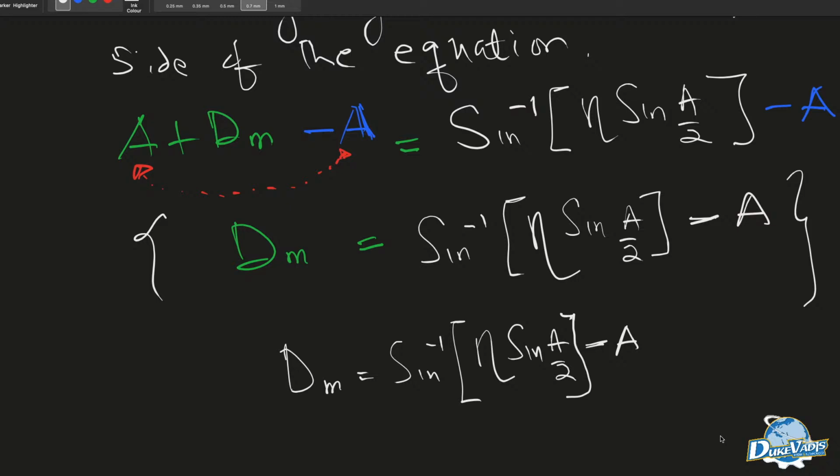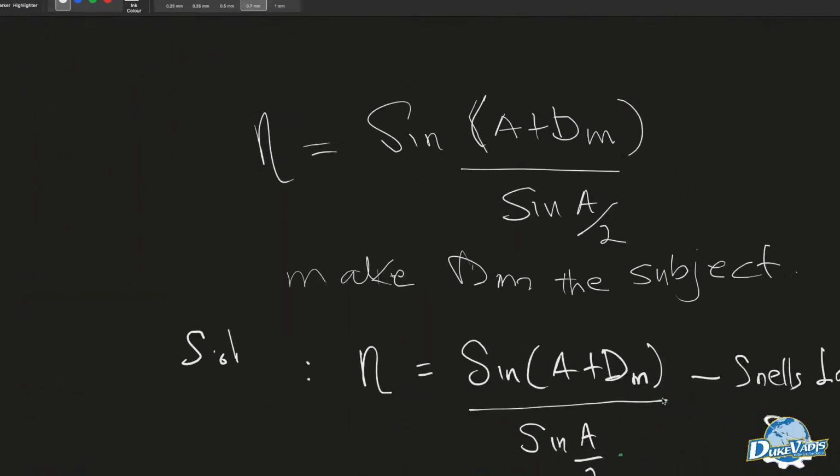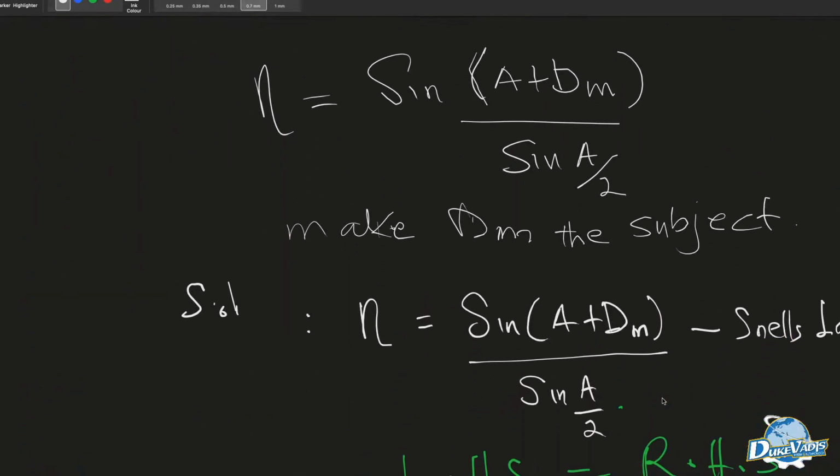Now let's go up there and see how we can break it down. First and foremost, as I told you, don't look at how the equation looks complicated. That is not our cup of tea. Our cup of tea is to understand the principle behind how to change the subject.